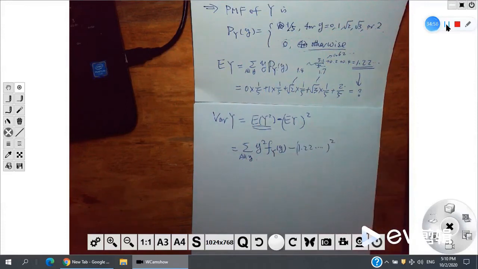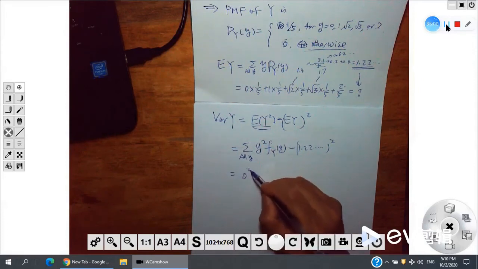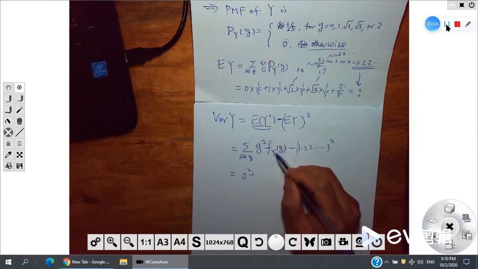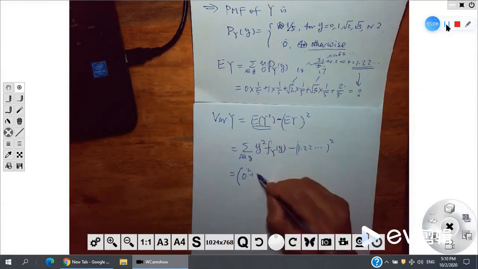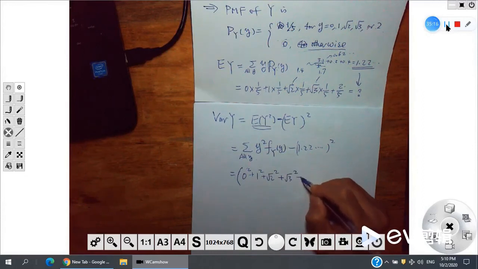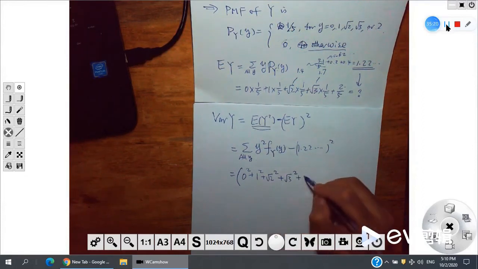So this is 0 squared plus, this is a k, right? This is 1/5, so I can move this outside. So this is 1 squared plus square root of 2 squared. Okay, this number is good. And square root of 3 squared, and the square root of 4 is 2, squared, right?